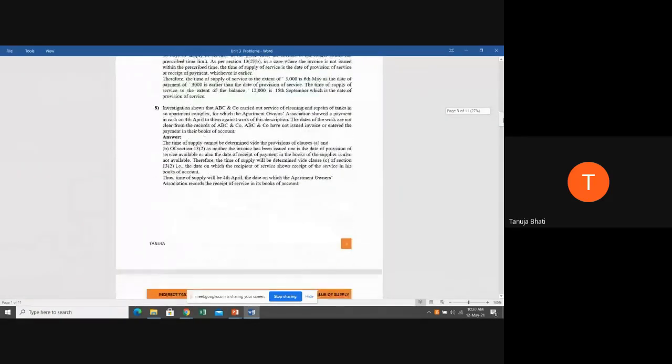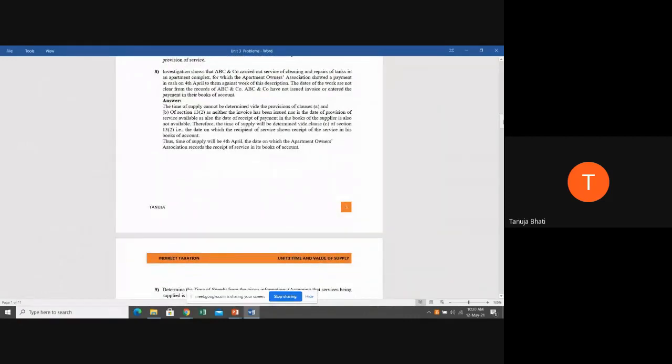So yesterday we had completed the 7th problem. Today let us begin with problem number 8. Investigation shows that ABC and Company carried out services of cleaning and repairs of tanks in an apartment complex, for which the apartment owner association made a payment in cash on 4th April against work of this description.